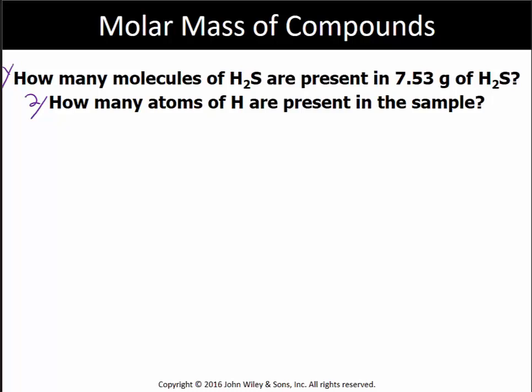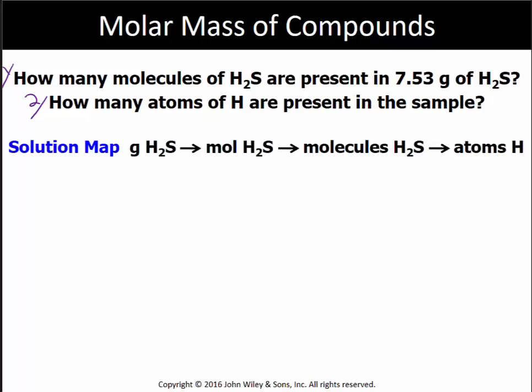In order to find the number of molecules from the mass of H2S, you want to find the moles using the molar mass. And then from the number of moles, you want to find the number of H2S molecules. So up to here is our solution map for question number 1.